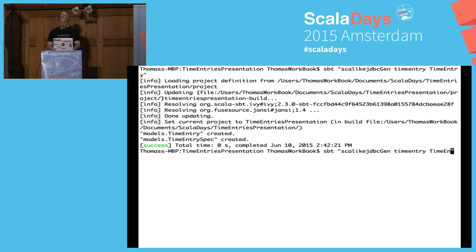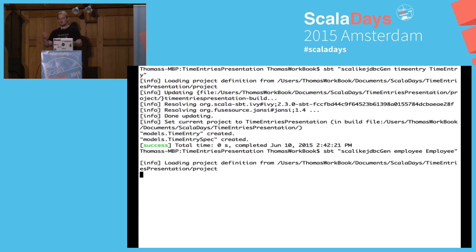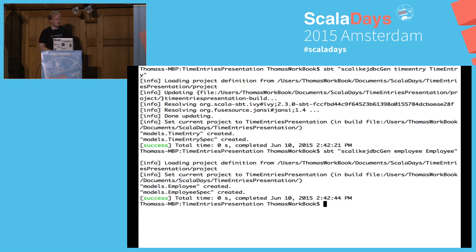Now let's do the same for the employee and the project. What ScalikeJDBC will do is look at your database schema, and from there it knows how to map to it. So for instance, if you have a column that's nullable, then that will turn into an optional value.